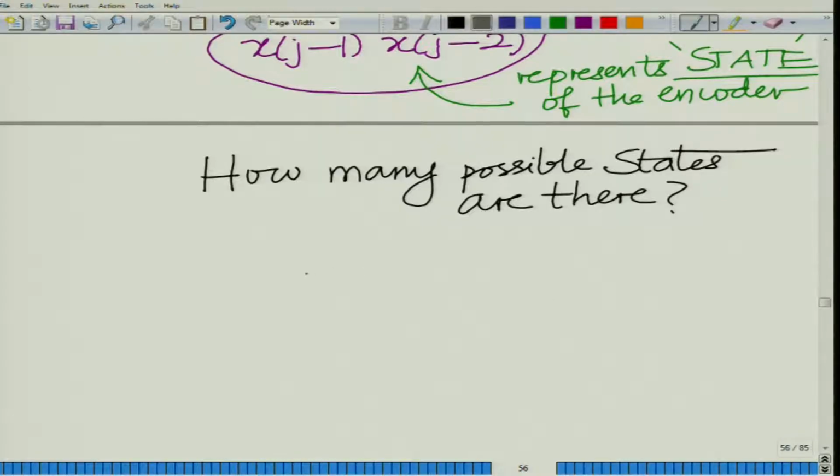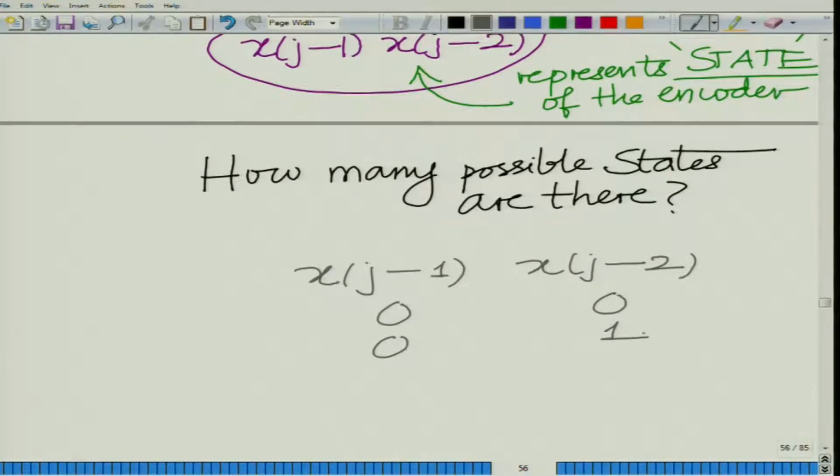For instance, let us look at xj minus 1, xj minus 2. Each of xj minus 1 and xj minus 2 can be either 0 or 1. So xj minus 1 can be 0, xj minus 2 can be 0, or xj minus 1 is 0, xj minus 2 is 1, xj minus 1 is 1, xj minus 2 is 0, or finally both are 1.